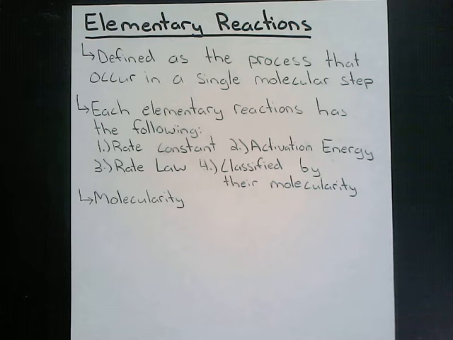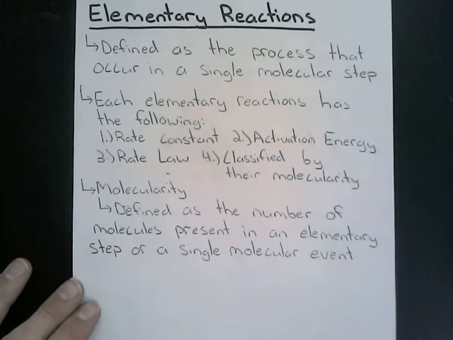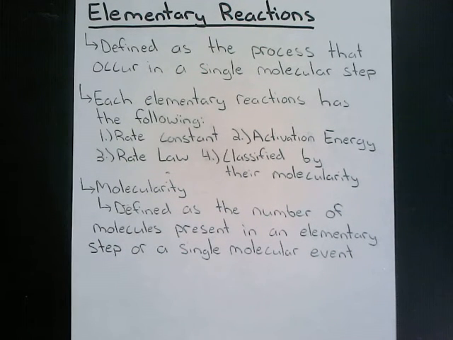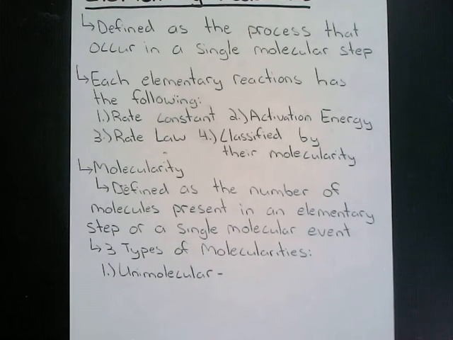Molecularity is defined as the number of molecules present in an elementary step or in a single molecular event. There are 3 common types of molecularities that we'll talk about in this class. The first type is unimolecular, and these are reactions that involve one molecule.